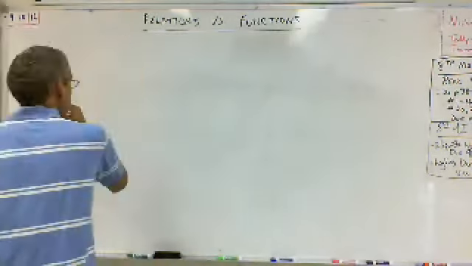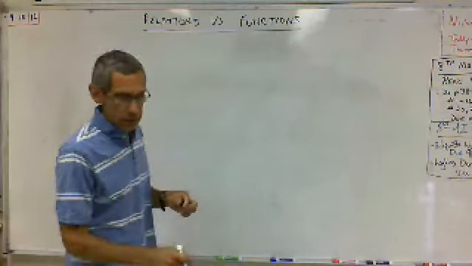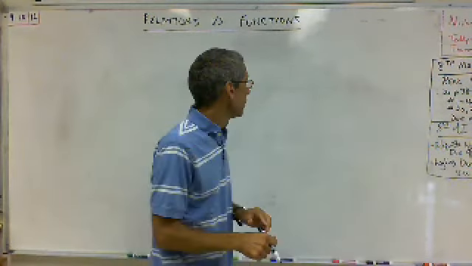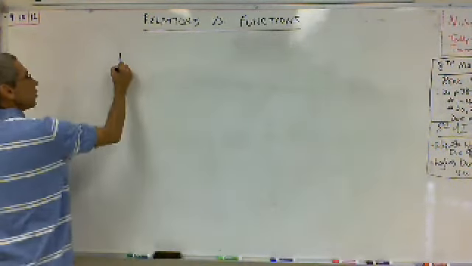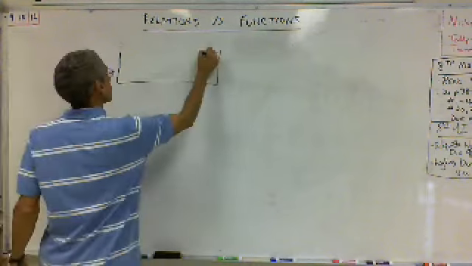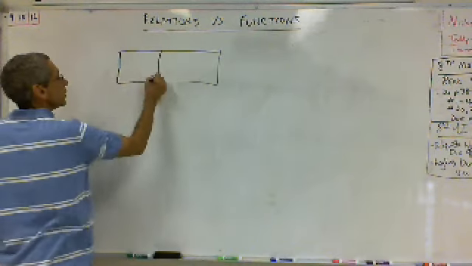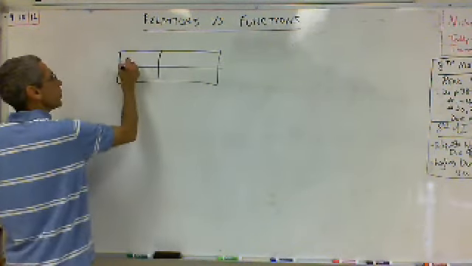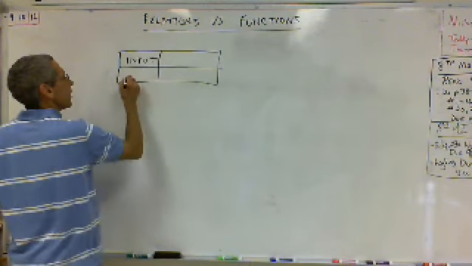So, all right, we have relations versus functions. Now I lost my train of thought. In the book, they do this. They had input and output.